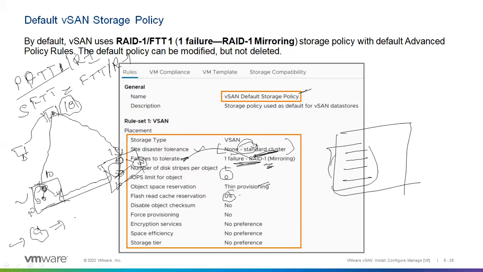So if I am planning to protect my data across the stretch cluster, and also locally, I have to follow two sets of policies: across the site I apply FTT1 mirroring, and within the site I apply the secondary FTT policy, FTT1 RAID 1. So if I am writing 10 GB of data, it is actually consuming 40 GB.